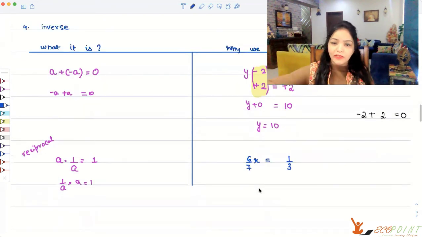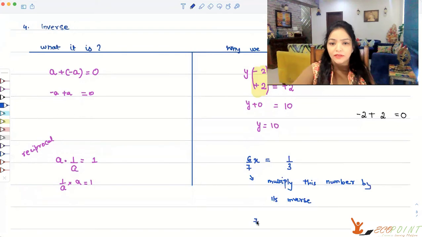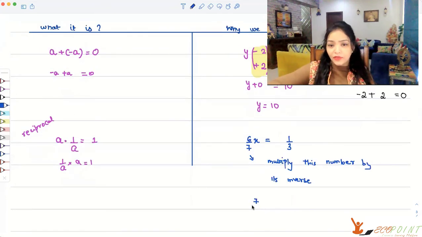We can multiply this number by its inverse, that is the reciprocal. Since this number is 6 by 7, the reciprocal would be 7 upon 6 multiplied by 6 upon 7 times x.